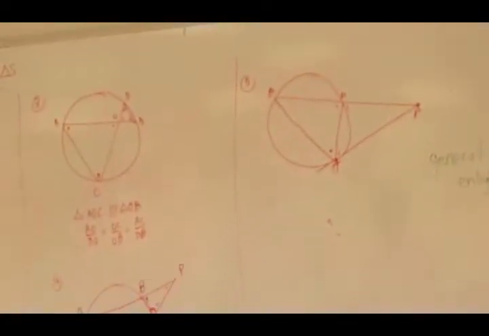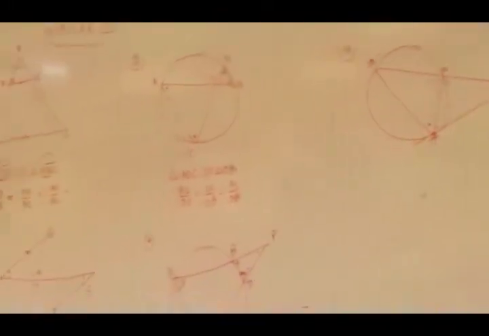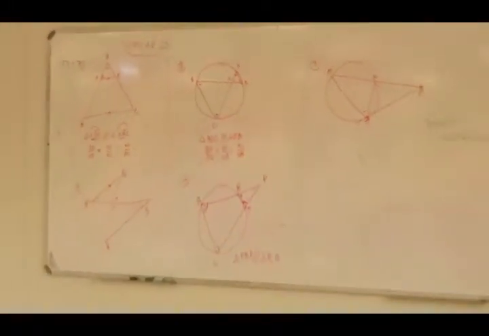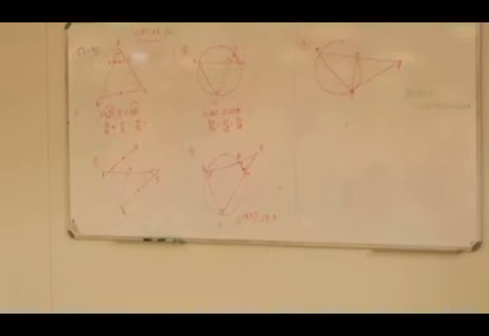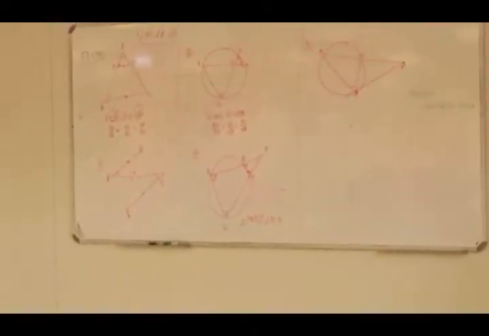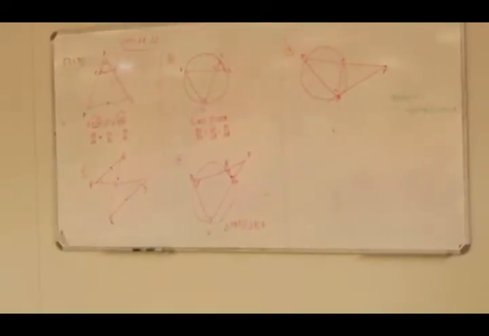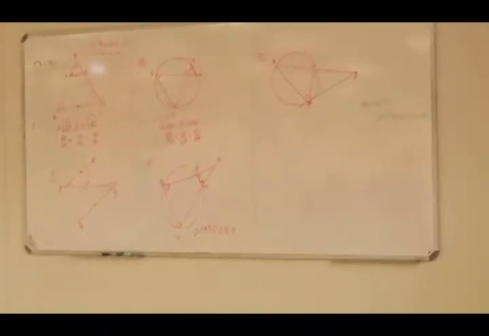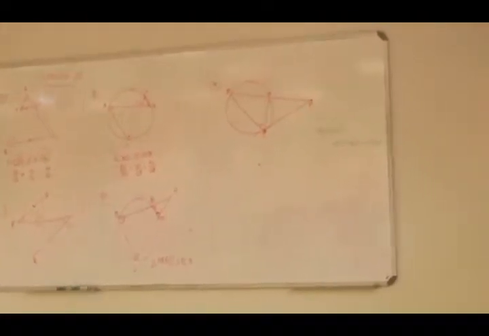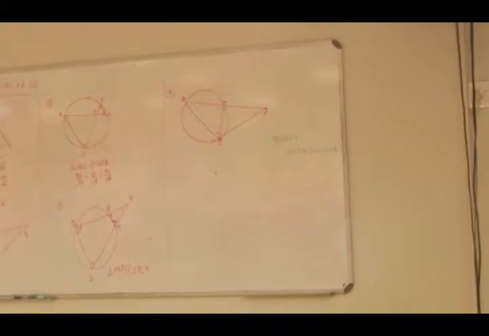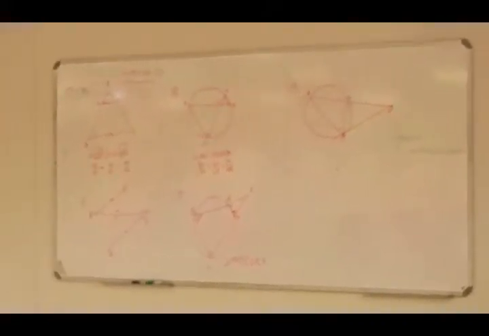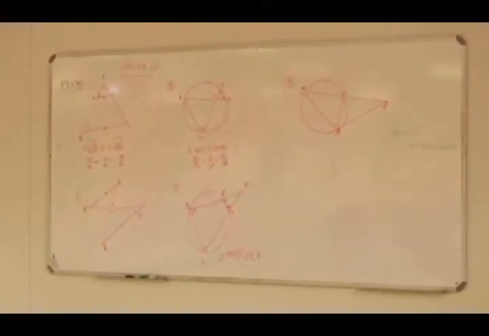Tangent. When somebody says tangent, what comes to mind? Two important facts, last week's facts. A tangent is perpendicular to the radius. And then the angle between tangent and chord equals the angle in the alternate segment.